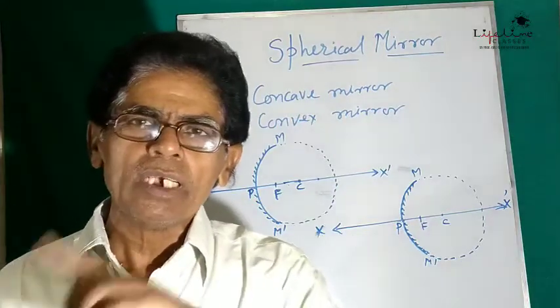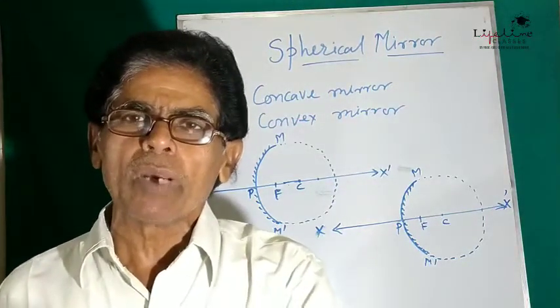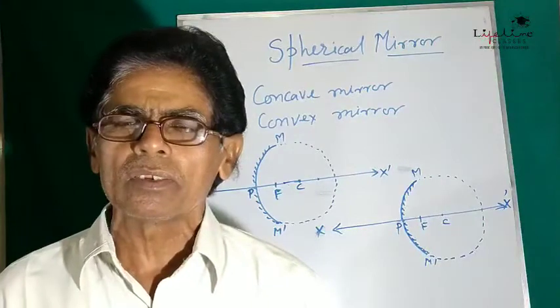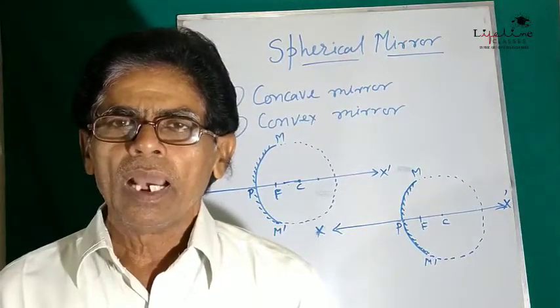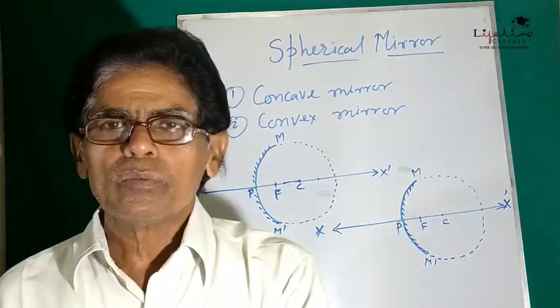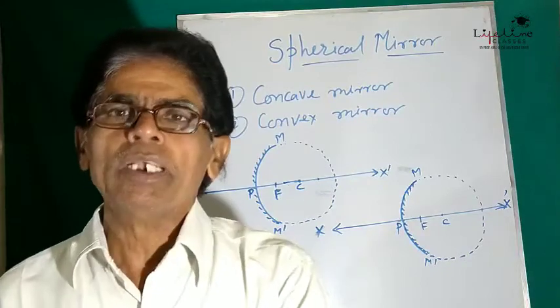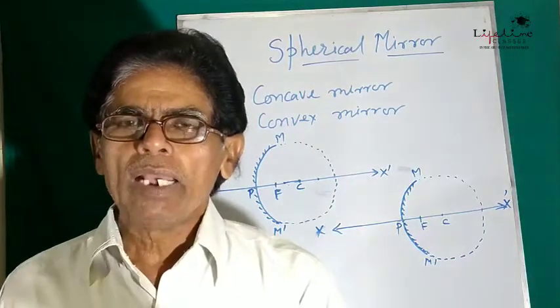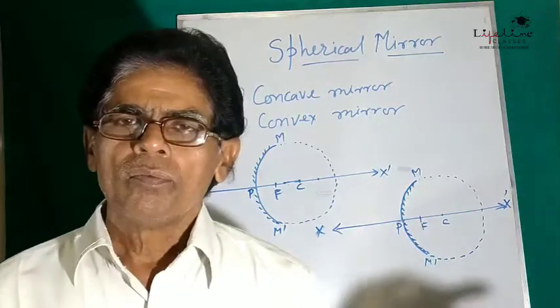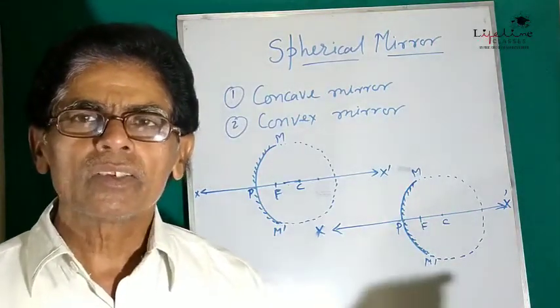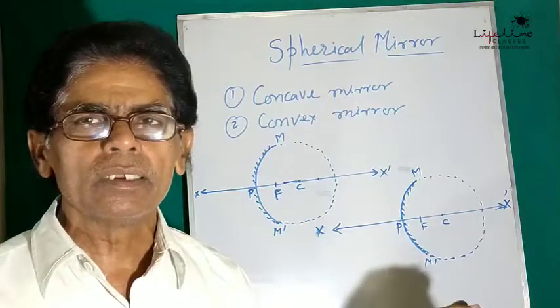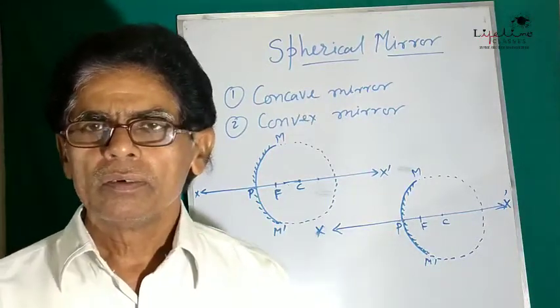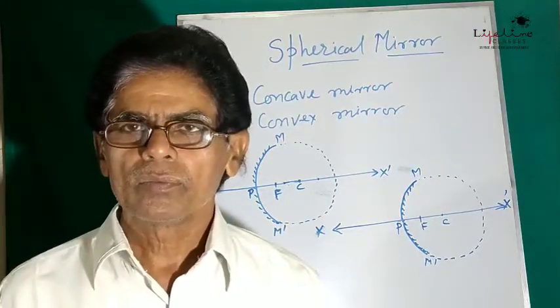So it is not in front of the reflecting surface, but behind the reflecting surface, and it cannot be detected actually. That is why for convex mirror, the center of curvature is considered as the virtual center of curvature.